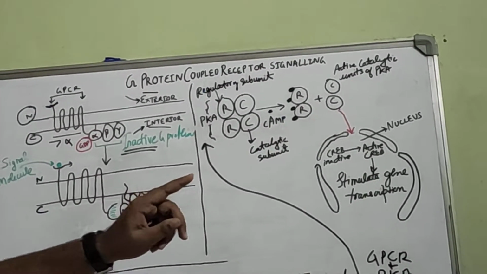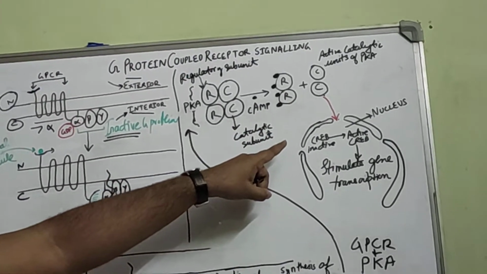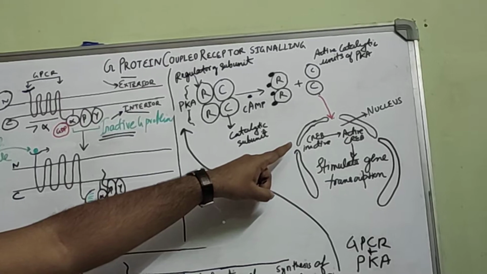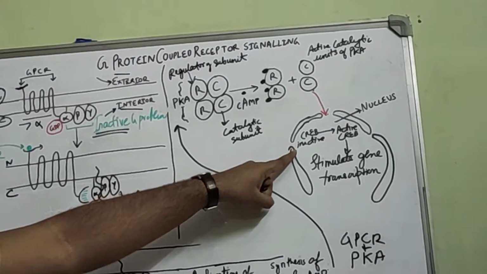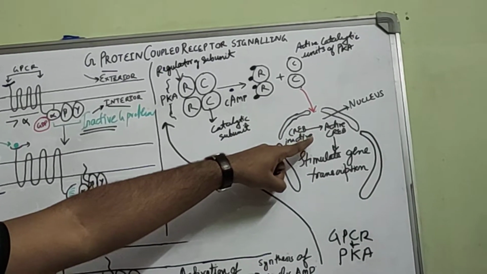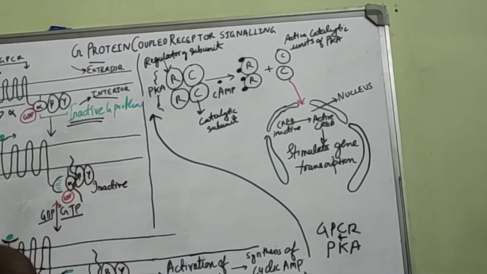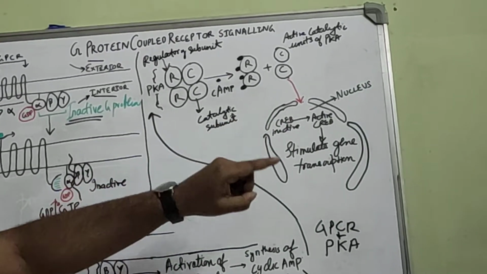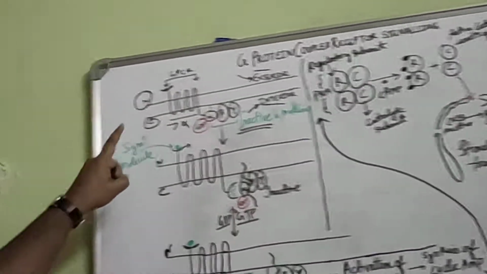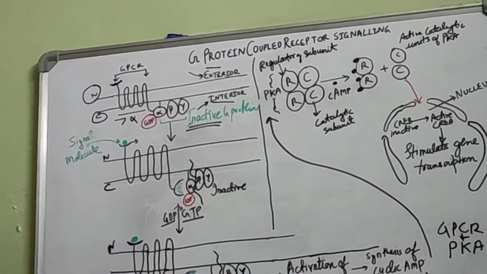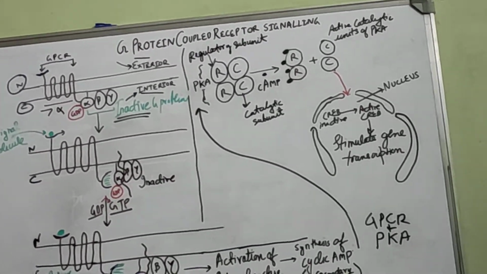Now this catalytic subunit moves inside the nucleus where it interacts with the cyclic AMP response element binding protein, which is in the inactive state, and it leads to the activation of the cyclic AMP response element binding protein, which ultimately stimulates gene transcription. Thereby you can see that the entire cascade works and it leads to the activation of the pathway.